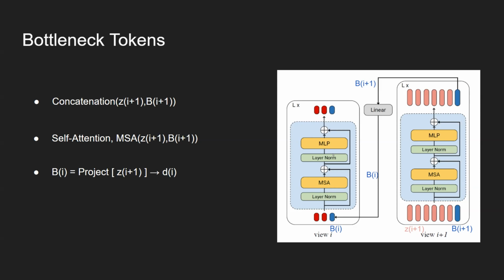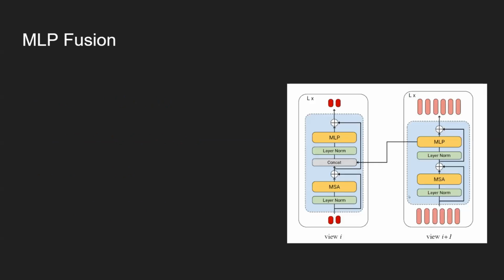So the next one would be MLP Fusion, which is a very straightforward technique. Here in MLP Fusion, the views are arranged in increasing order as well, and the information is being exchanged between the adjacent pairs. What we'll be doing is directly taking the output from the MLP block and feeding it to the view I just before the MLP block.